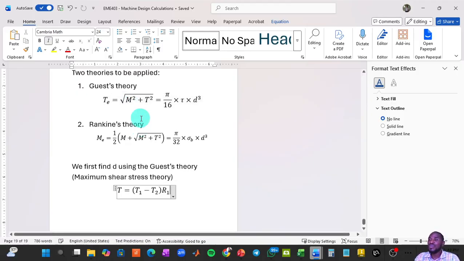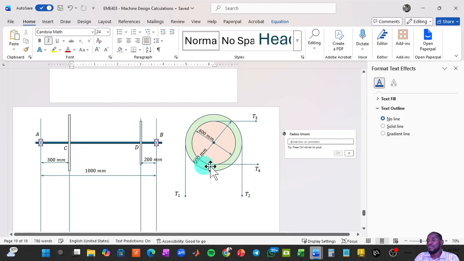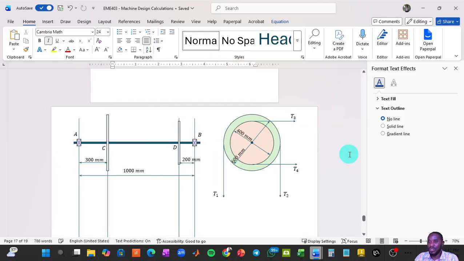The peculiarity with this question is that I have forces acting in two directions. In the horizontal direction, that's T3 and T4. And in the vertical direction, that's T1 and T2. T1 and T2 act at point C. So at point C, there is a force that is pulling down this shaft at this point.